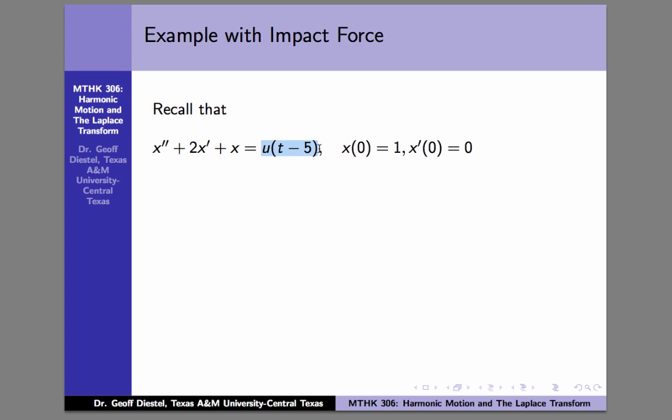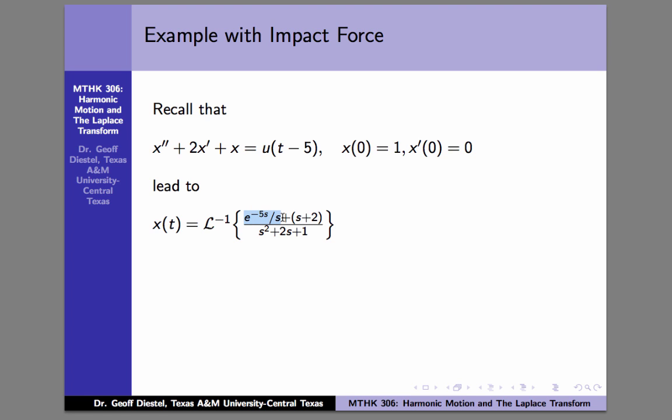So after 5 seconds, say, this object was basically in harmonic motion, the solution of the homogeneous equation with the initial conditions given here, and then at 5 seconds, a force upward of 1 unit is applied and it stays on for future time. And we saw how to determine the solution using Laplace transforms. Using our formula, we realized the Laplace transform of this function u of t minus 5 was just this exponential divided by a factor of s.